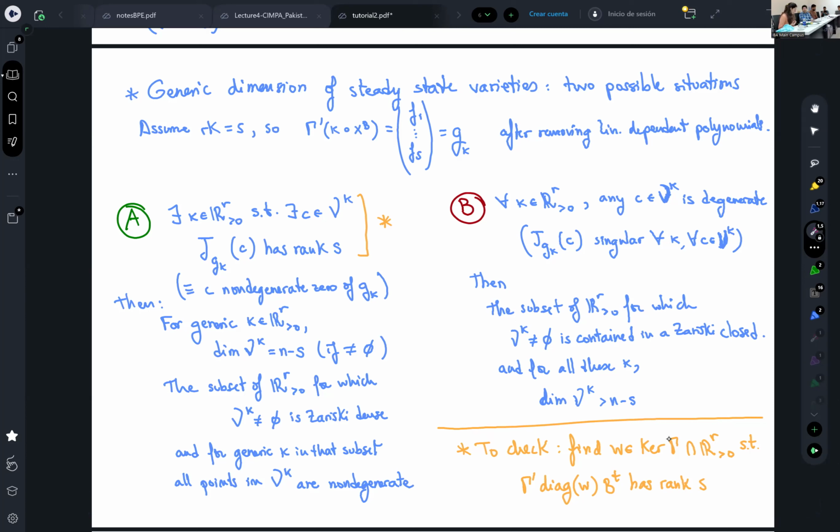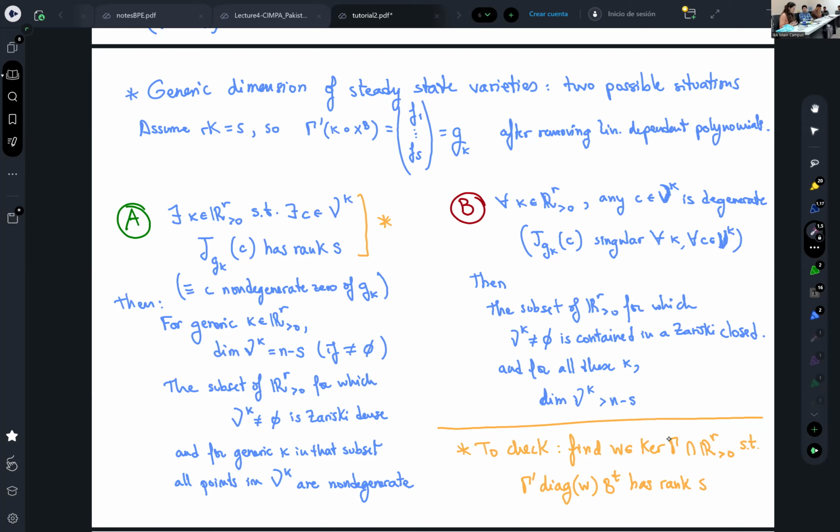And then for generic K also, all the points in the positive steady state variety are non-degenerate. It's not only that I have one point which is non-degenerate, but all of them are non-degenerate.